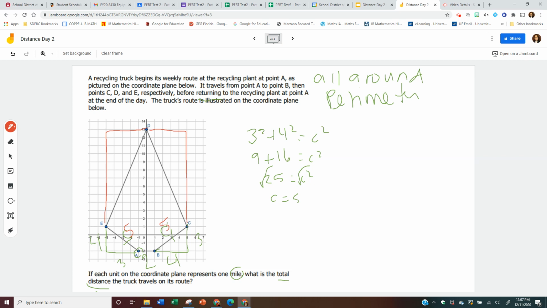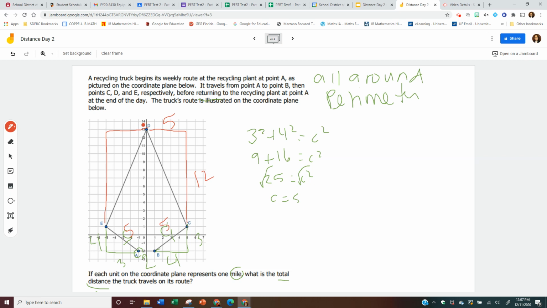And then I'm going to see if the triangles are equal to each other. So I'm going to count up from here. I do 1, 2, 3, 4, 5, 6, 7, 8, 9, 10, 11, 12. So this side right here is 12. I'm going to count over. This is 1, 2, 3, 4, 5. So this is 5.